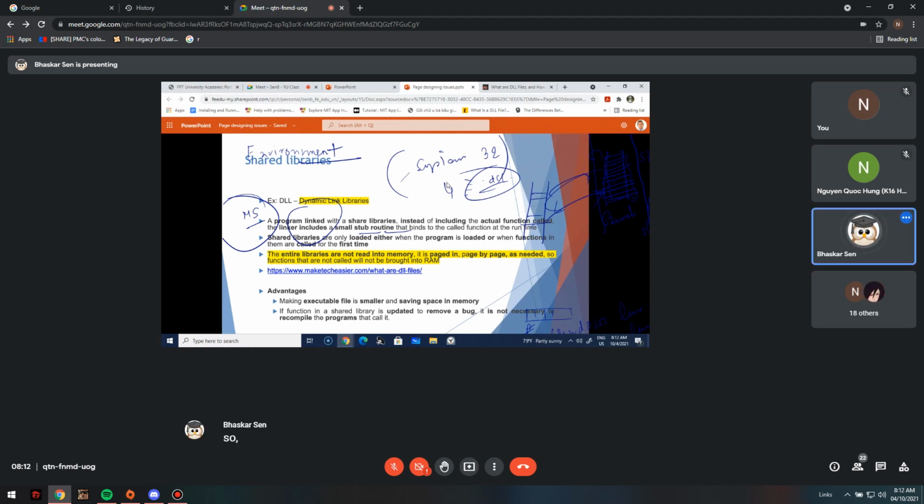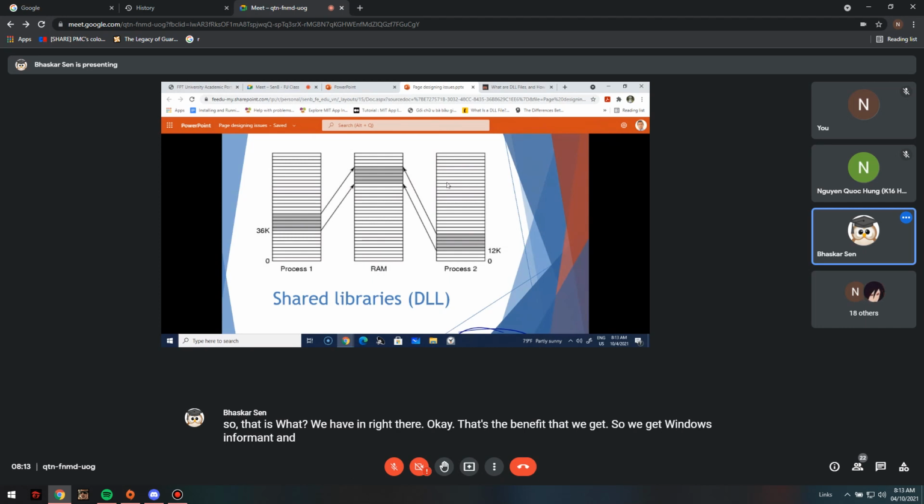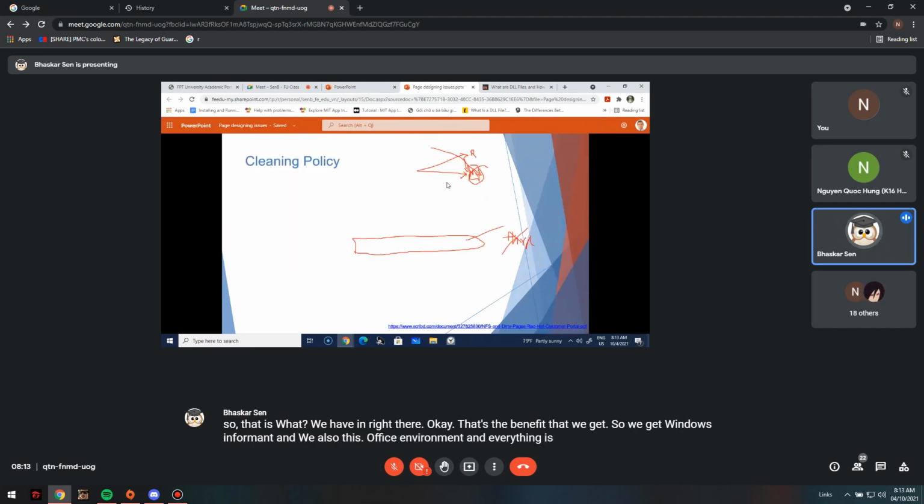So that is what we have right there. That's the benefit that we get. So we get the Windows environment, and we also get this Office environment, and everything is now environment based.